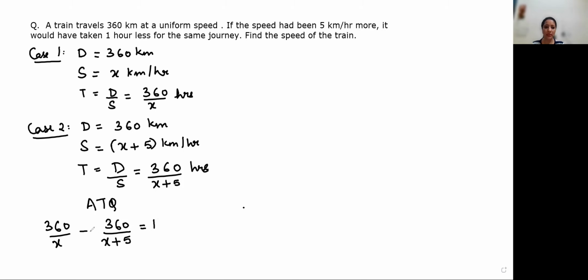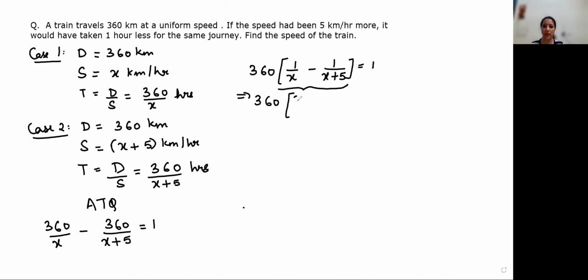Before we do anything else, we are going to take this 360 common so that we make our calculations easy. So I'm going to write here 360 common, and then I'll be left with 1 upon x minus 1 upon x plus 5 inside the bracket. That's equal to 1. Now I'm going to work with this and take the LCM. So we will get 360 into x plus 5 minus x upon x into x plus 5 equal to 1.